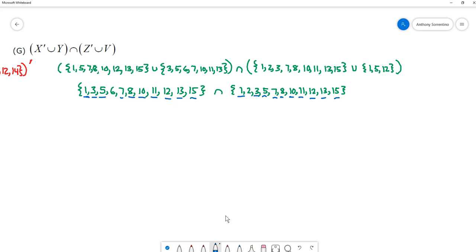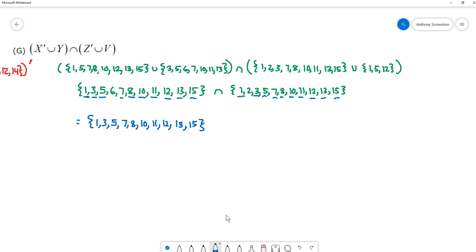So they're pretty close to being exactly the same sets. Really, the only thing they don't have in common is one has 2 while the other one doesn't, and the other one has 6 while the other one doesn't. So the final answer is going to be the set. And so that's the end of problem number 3.